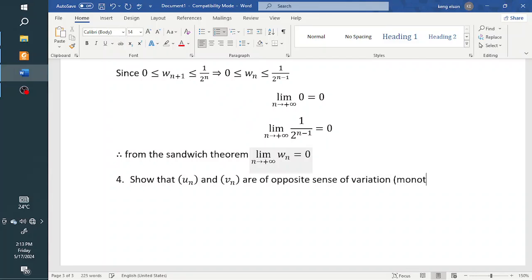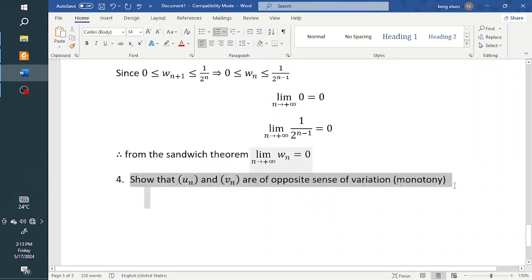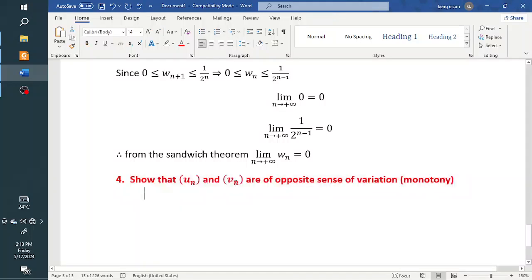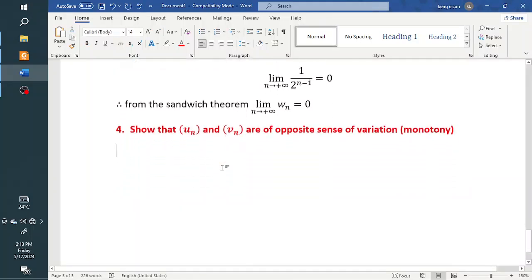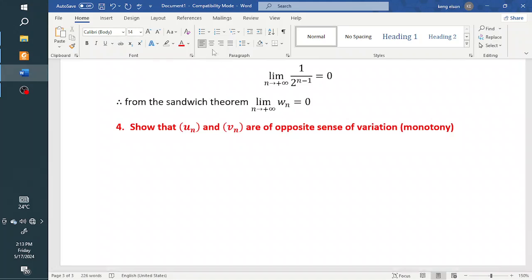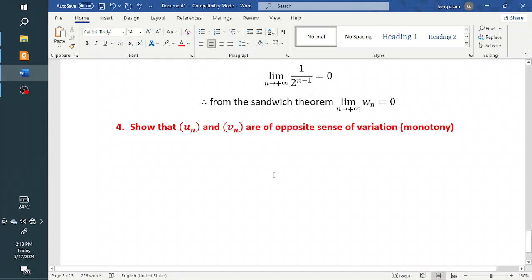That's a monotony. Alright, so monotony is just, is it increasing or is it decreasing or is it constant? So in essence, we must show that either Un is increasing and Vn is decreasing, or vice versa.